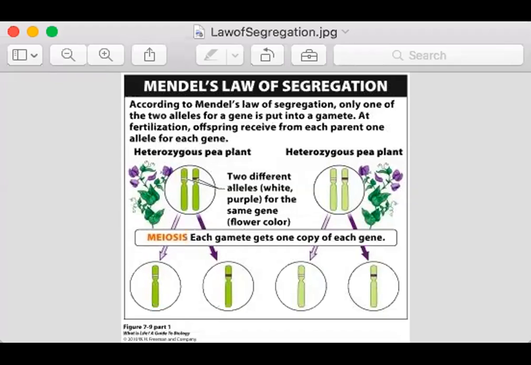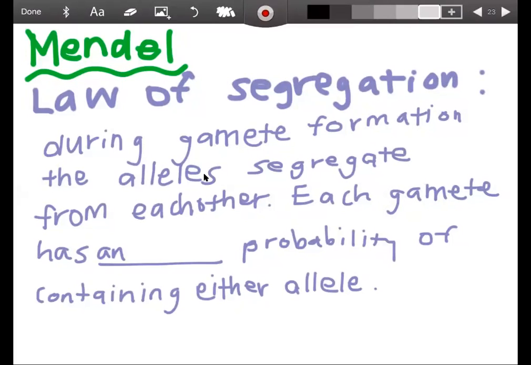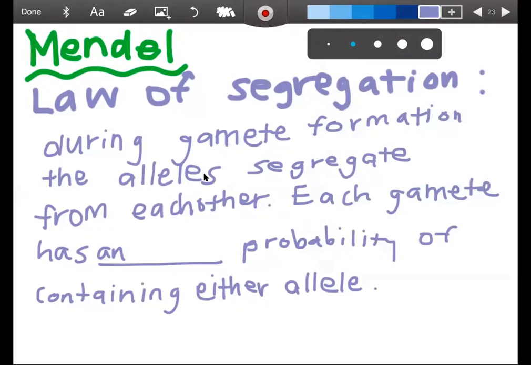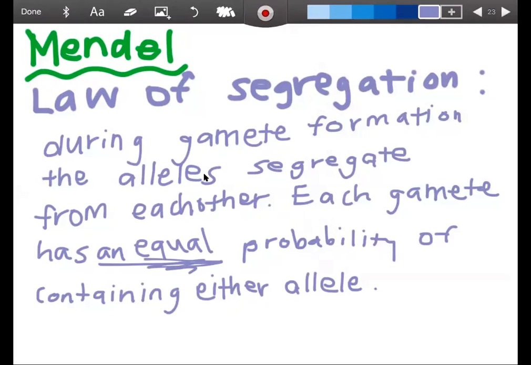So going back to our other presentation, the definition for our law of segregation is that during gamete formation, the alleles segregate from each other, and each gamete has an equal probability of containing either allele. And for this, I would just know this definition. And if you need to refer back to it, I'll post the video.